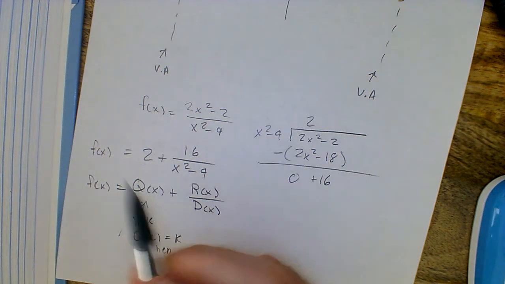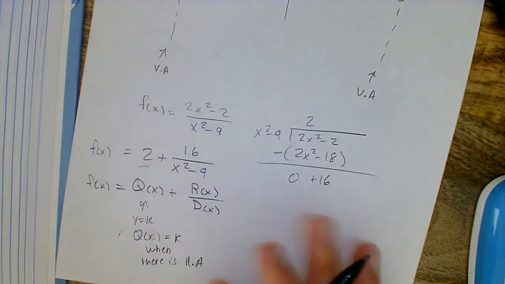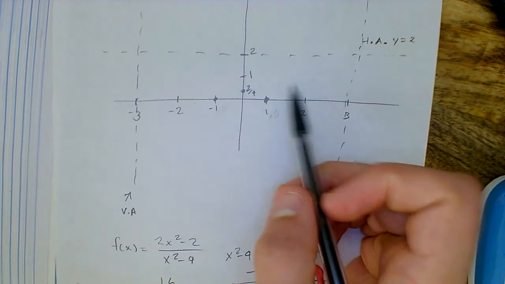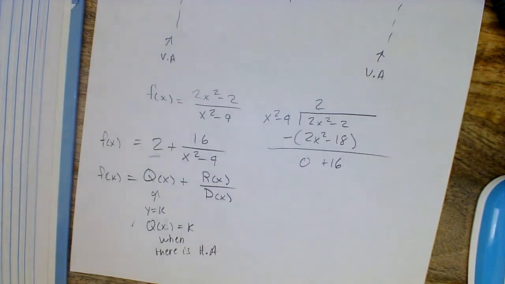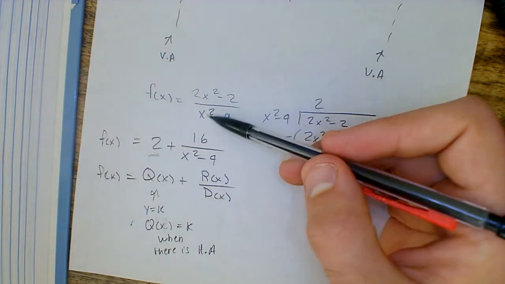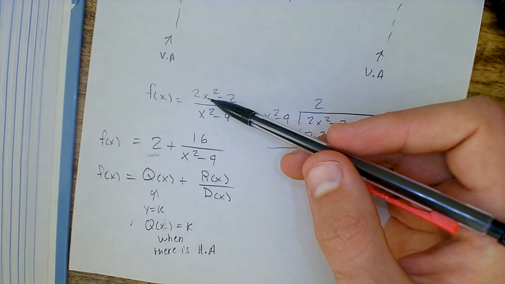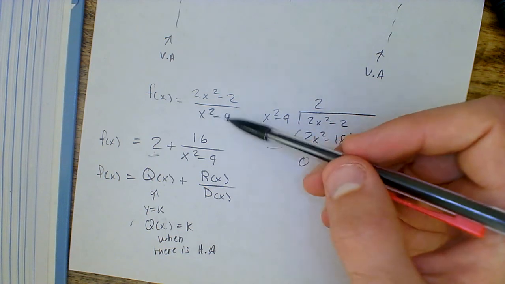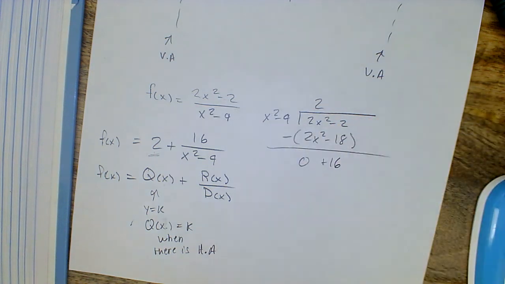When there is a horizontal asymptote, this is going to be your horizontal asymptote, which it did turn out to be 2. That's what our horizontal asymptote was. And that's because to have a horizontal asymptote, you either have to have the degrees be the same, or the degree of the denominator greater than the numerator.